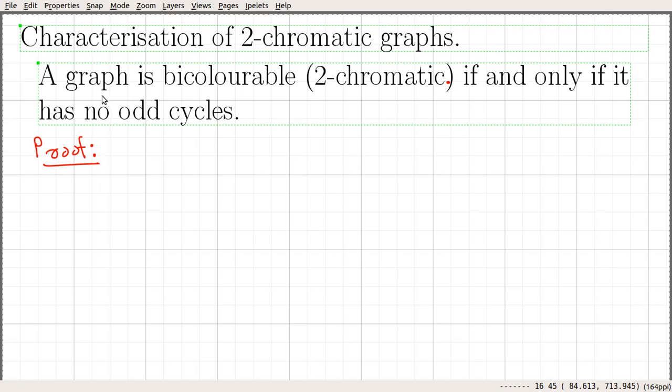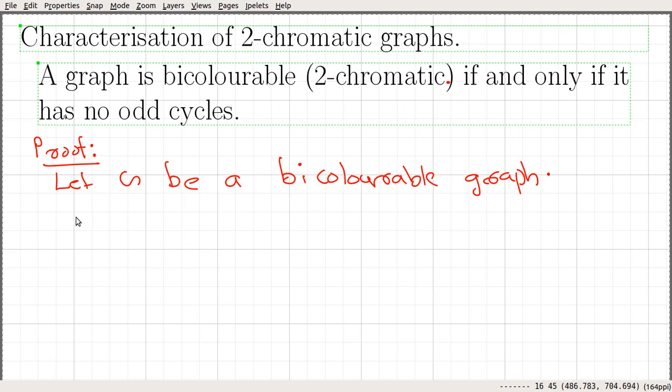Okay, so we are going to prove this statement: if a graph G is two chromatic, then it has no odd cycle. So let G be a bicolourable graph.